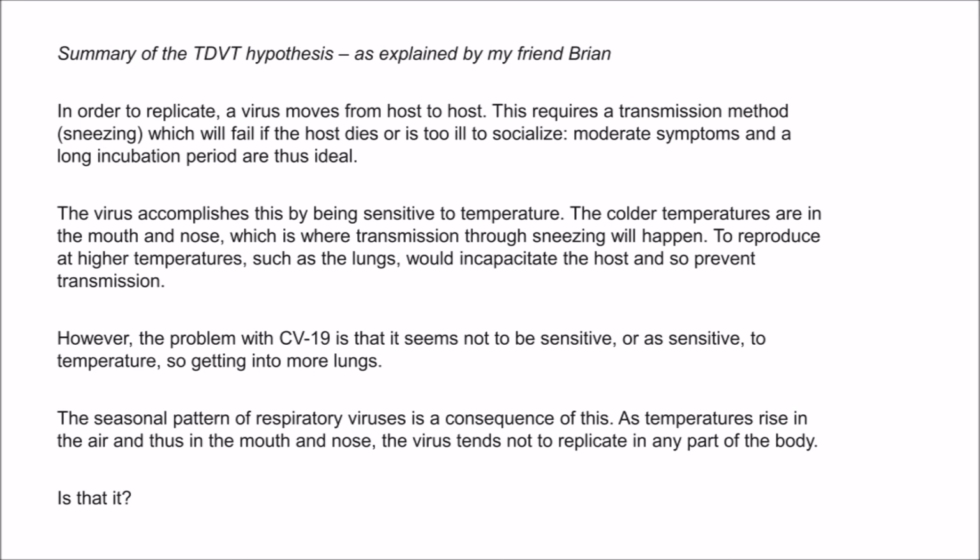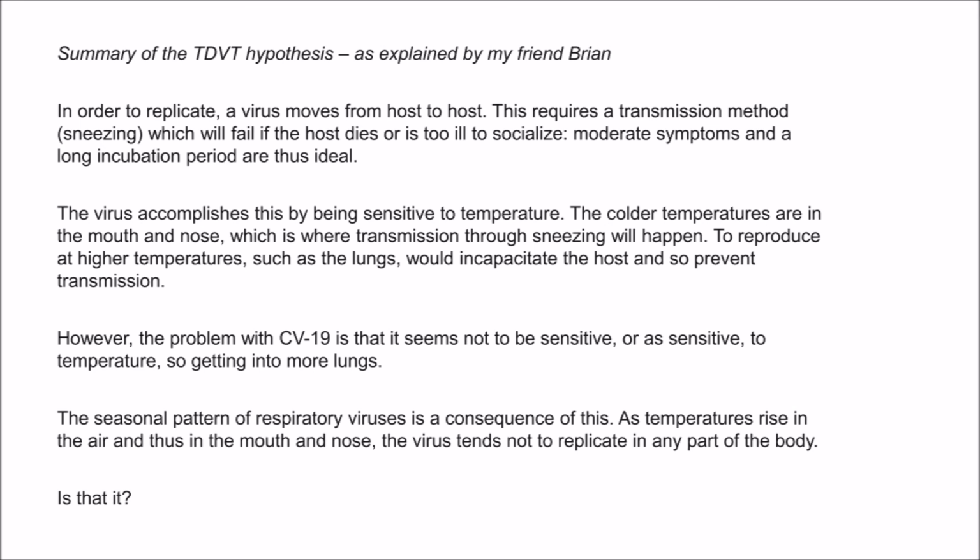This requires a transmission method, sneezing, which will fail if the host dies or is too ill to socialise. Moderate symptoms and a long incubation period are thus ideal. The virus accomplishes this by being sensitive to temperature. The colder temperatures are in the mouth and nose, which is where transmission through sneezing will happen. To reproduce at higher temperatures, such as in the lungs, would incapacitate the host and so prevent transmission.